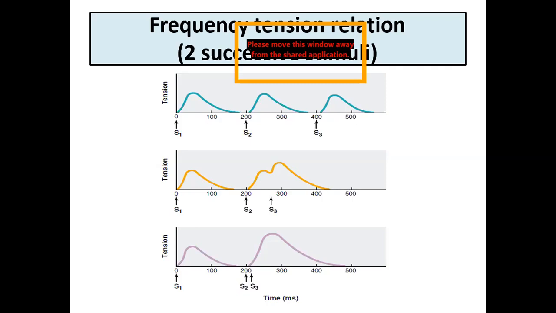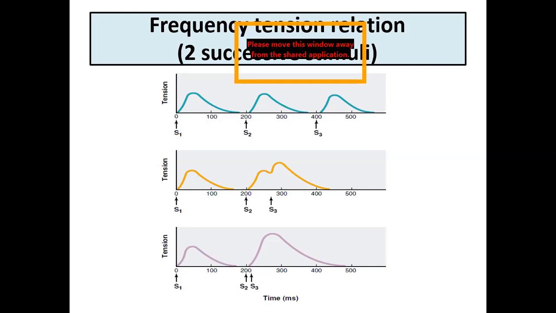Okay. So when you apply another stimulus during the relaxation period, normally calcium is pumped back into the sarcoplasmic reticulum and it decreases the sarcoplasmic calcium concentration. But you have applied the stimulus, you have not allowed all calcium to be pumped back. So calcium remains in the sarcoplasm, and you have applied the stimulus again, more calcium is released.